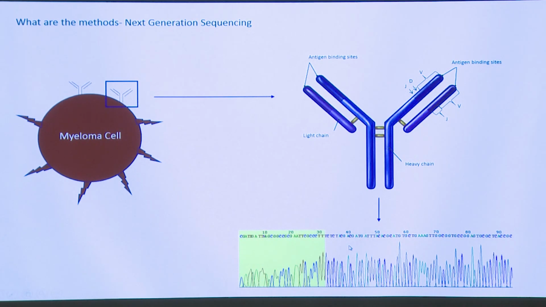And the particular sequence is identified in the initial sample and is then being traced in the follow-up samples. And the reason we need a baseline sample essentially is otherwise the specific test would never know which one is the normal healthy plasma cell sequence and which one is the myeloma sequence.